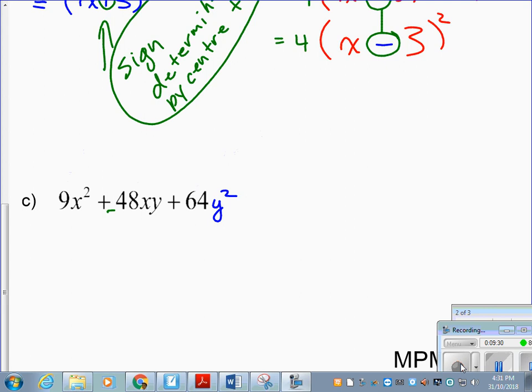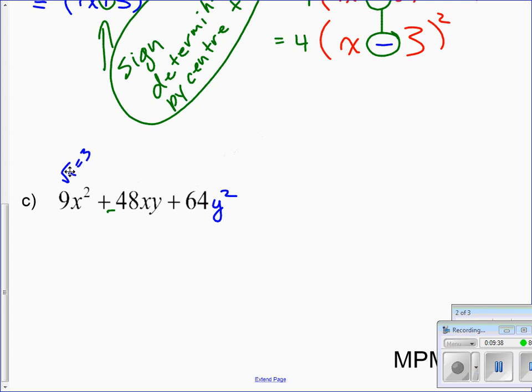So right now, if we look at the square root of 9x squared, the square root of 9x squared is literally 3x. The square root of 64y squared is going to be 8y.